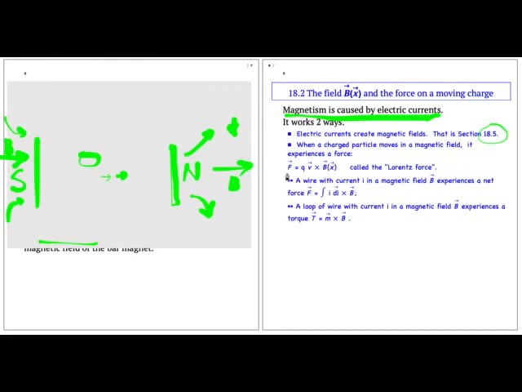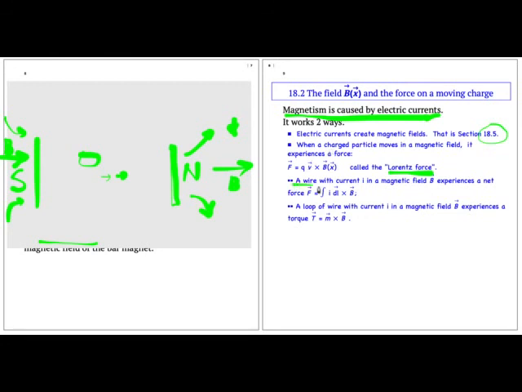That gives you the magnetic force acting on that electric charge. This formula is called the Lorentz force, after Hendrik Lorentz. Now, this is a single charged particle. What's more common in experience is a current.